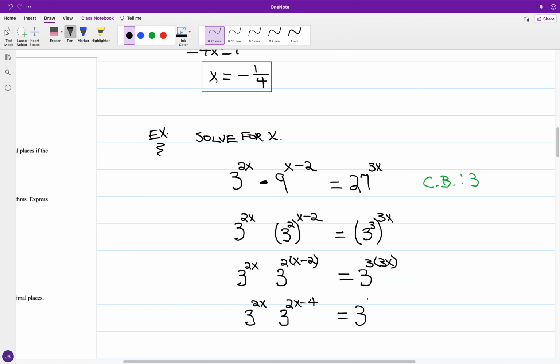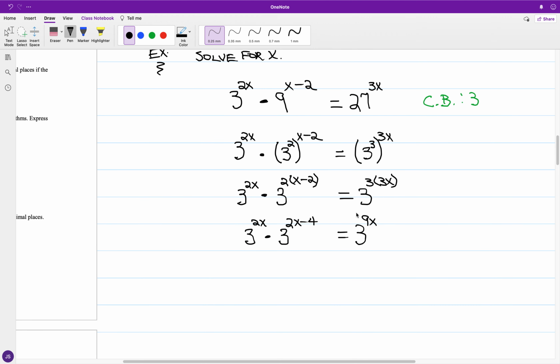And we have equal to 3 raised to the 9x. Alright, if you notice, with the rewrites and also with the removal of the parentheses, we have base 3 terms. Now I have a single base 3 term on the right, but I have these two on the left, and I want to make into one.